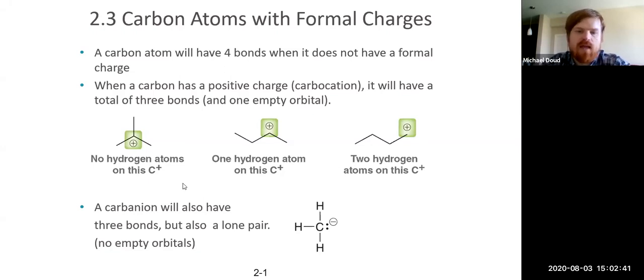On the other hand, if you have a negatively charged carbon, that's the carbanion, that's going to have 3 bonds as well, but also have a lone pair. So this carbanion is going to be sp3 hybridized rather than sp2 hybridized. Just one thing to keep in mind with that.